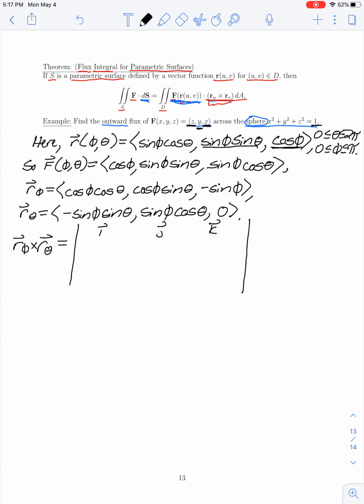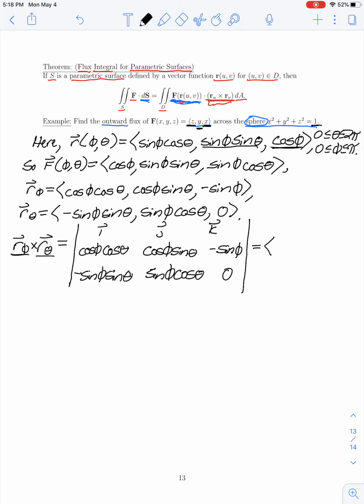Our second row consists of the components of r sub phi, which were cosine phi cosine theta, cosine phi sine theta, and negative sine phi. And our last row is the partial derivative of r with respect to theta, so we had negative sine phi sine theta, sine phi cosine theta, and 0. So taking this cross product, let's see what we get.